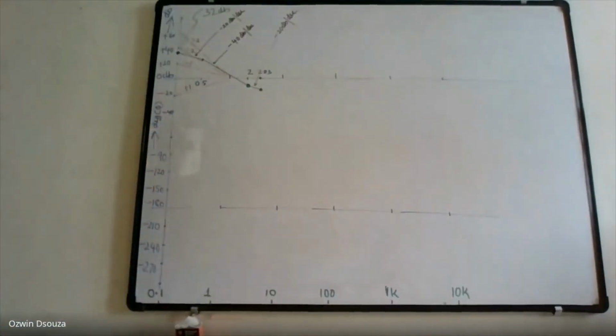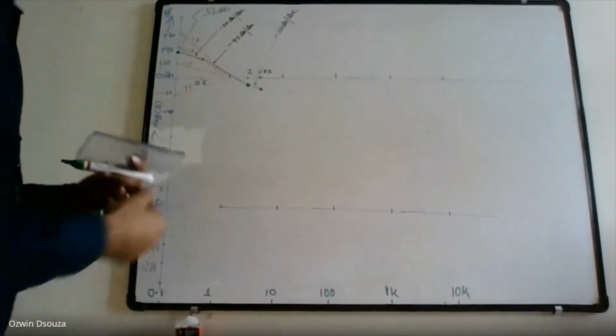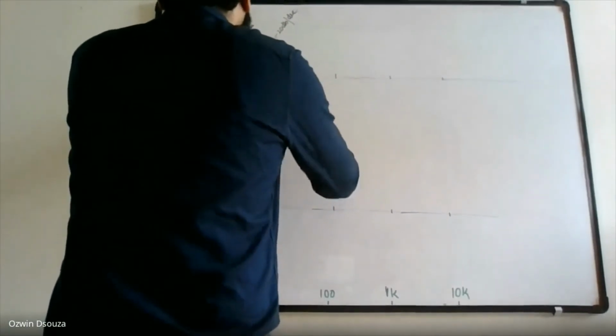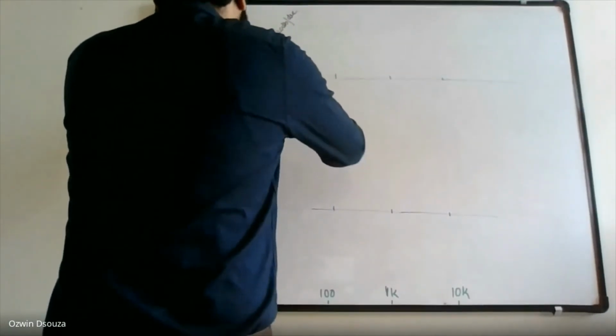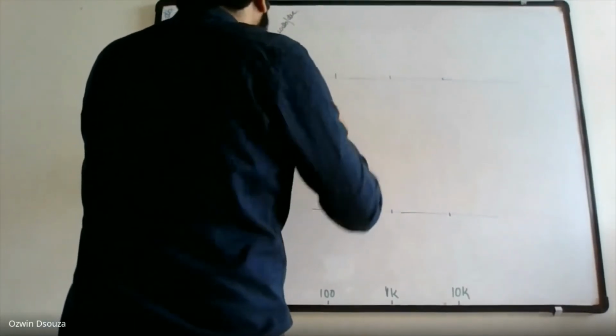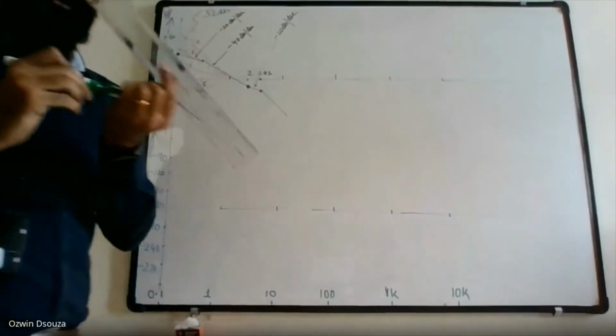Done. And then from 2.83 onwards, the net slope becomes minus 60 decibel per decade. So take the reference line minus 60 decibel. So this is minus 60 decibel.